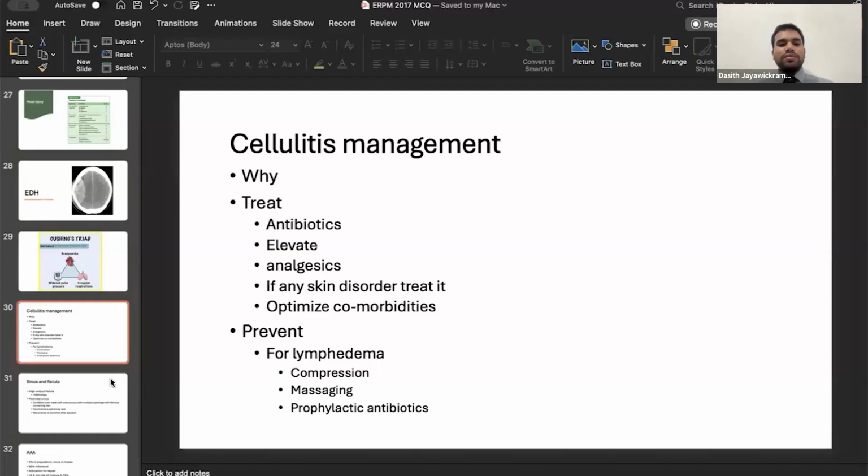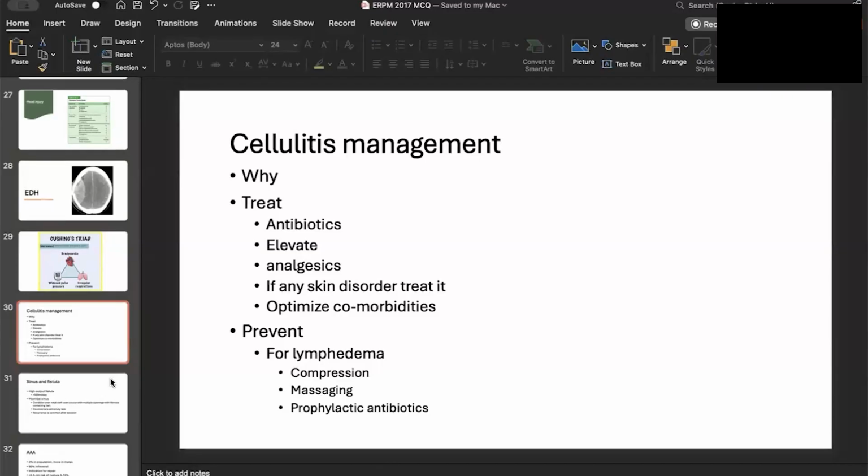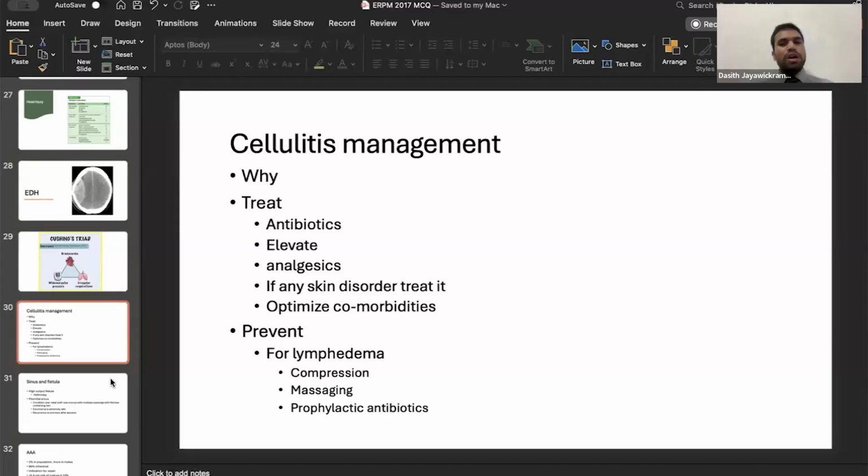Do you understand? Yes, sir. So the hallmarks in acutely managing cellulitis are antibiotics, elevation, treating the comorbidities, analgesics, and treating any skin disorders.